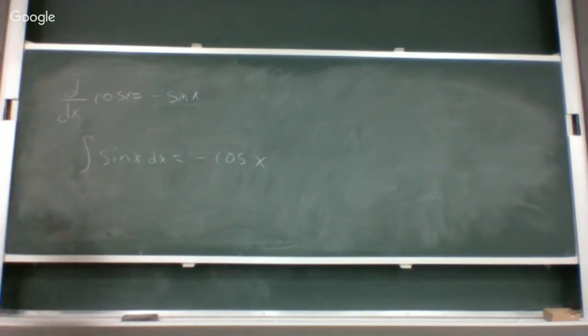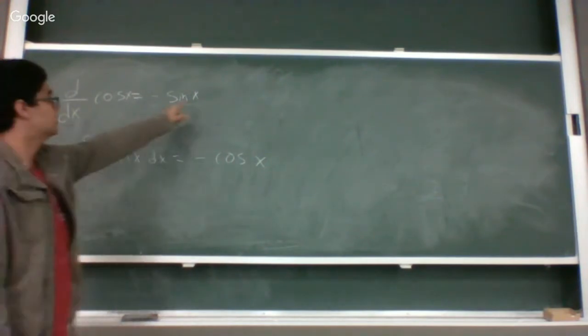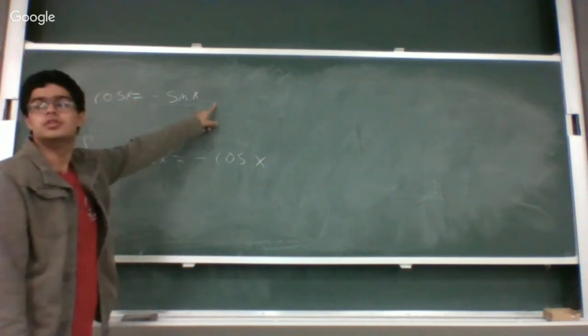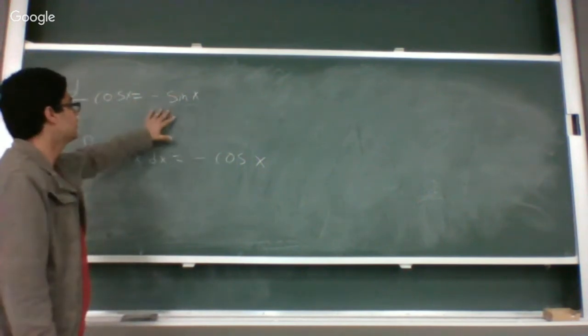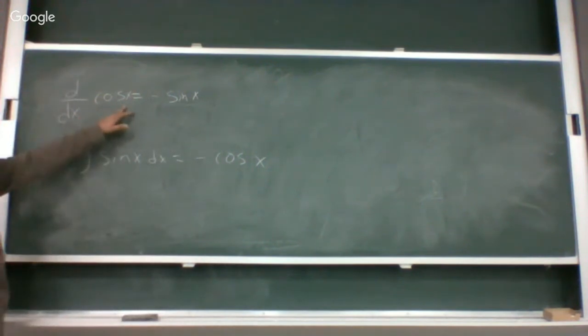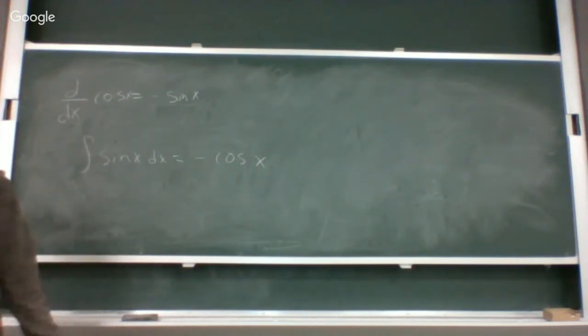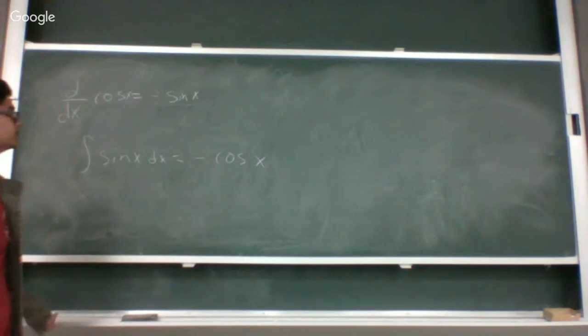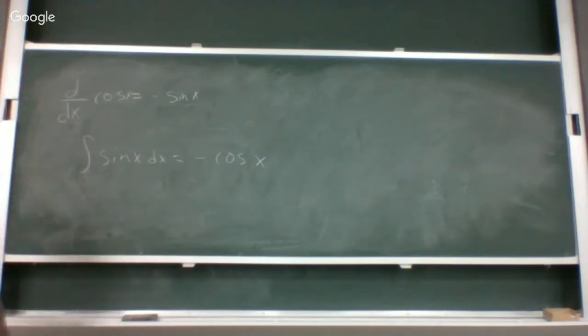What I was trying to show you is that when we multiply dx to that side and we take the integral of it, the integral and the dx cancel out, and we're just left with the cosine.